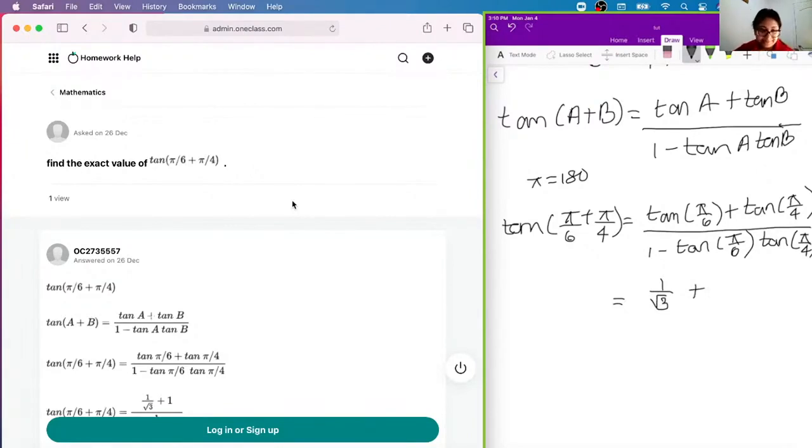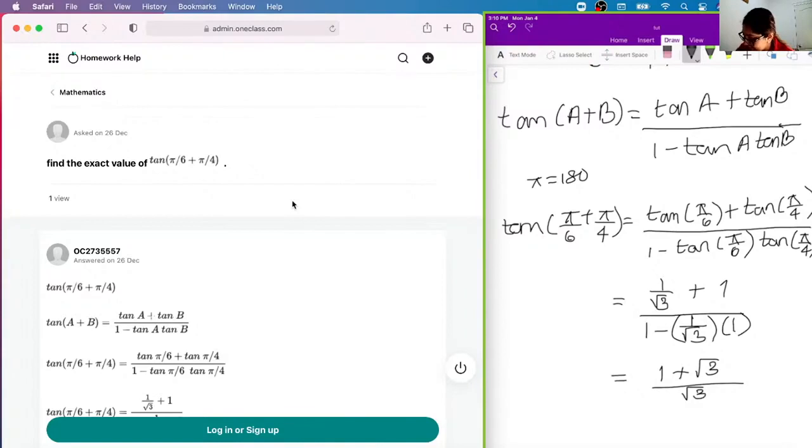So it's going to be 1 over root 3 plus 1, and then you have 1 minus tan pi over 6, which is also 1 over root 3, multiplied with 1. And so in the numerator, what we have is 1 plus root 3, taking the common denominator root 3.